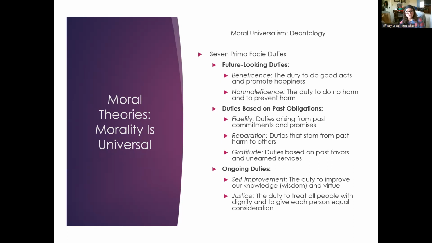We are morally obligated to both of those. We have these 7 prima facie duties, and when we come into situations where simply going by the categorical imperative doesn't really work, we can come to the 7 prima facie duties and figure out if one supersedes the other.